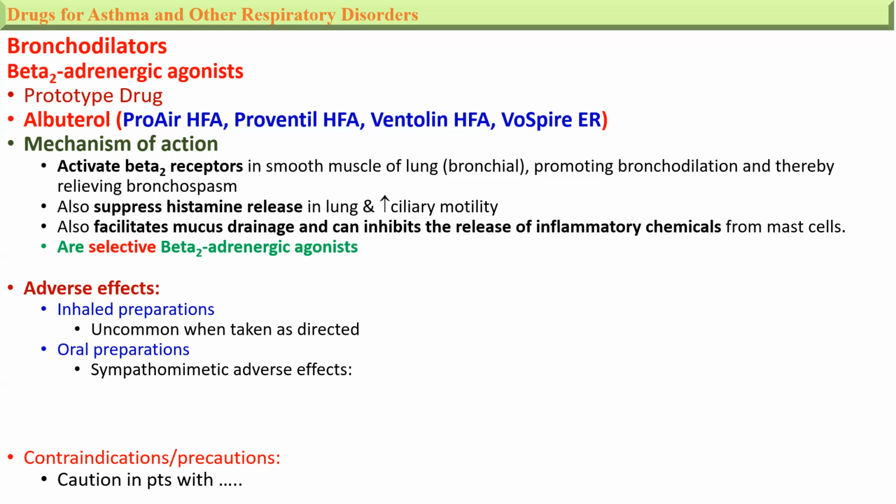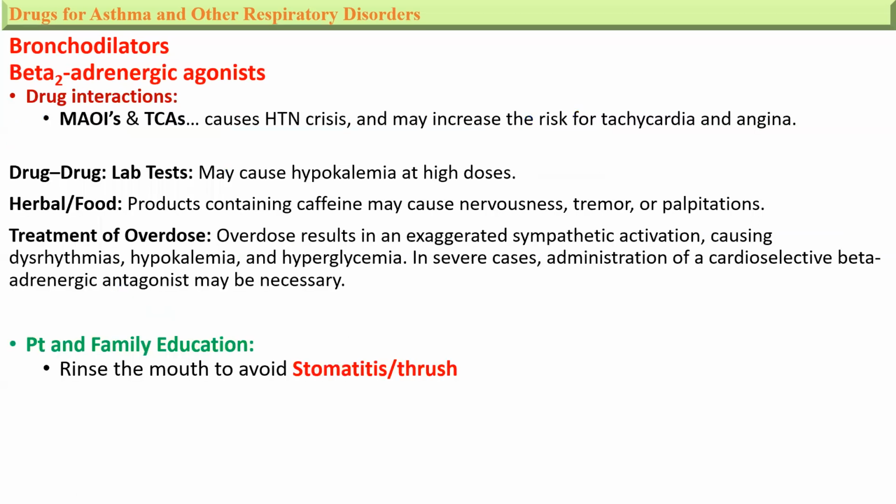Now, use caution in patients with a history of tachyarrhythmias, hypertension, or coronary artery disease, because this drug activates the beta 2 receptor.